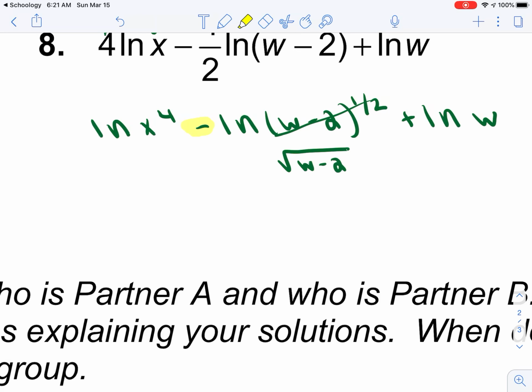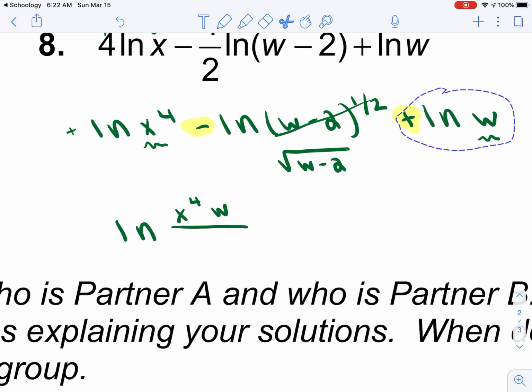So let's look for what follows minus signs, what follows plus signs. You're going to write 1 natural log, and anything that follows a plus sign, technically this is positive, is going to go in the numerator of that natural log function's argument. So I have this x to the 4th and this w. Now you may say, well, wait, they're not next to each other. Remember, we could reorder this.